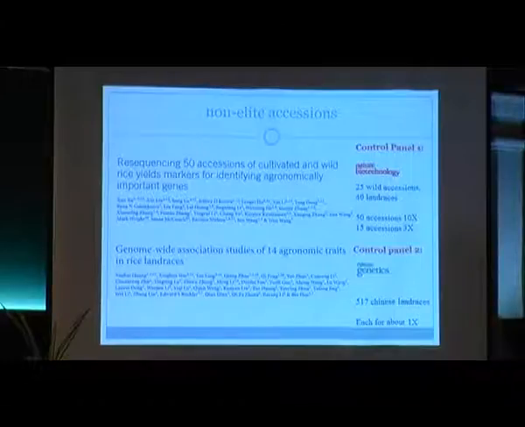And the year before last, Professor Bin Han's group published a very huge data set consisting of 517 Chinese landraces. Those are all unimproved strains belonging to the non-elite accessions. I will use them in my data analysis, and I call them control panel 1 for this data set and control panel 2 for this data set.